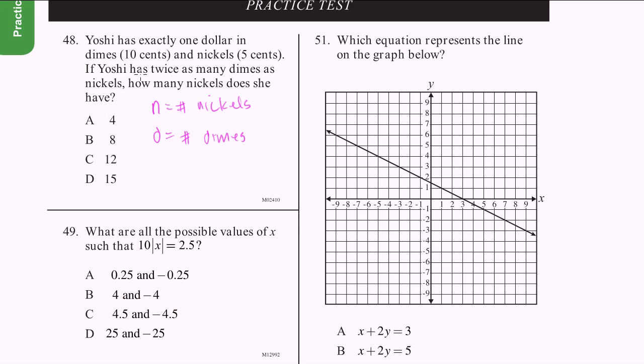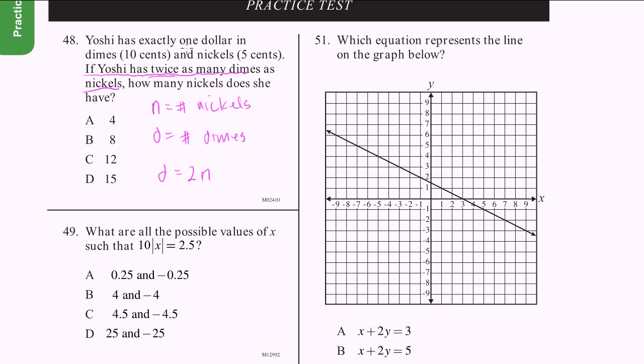It says Yoshi has twice as many dimes as nickels. That translates into the dimes are 2 times the nickels.